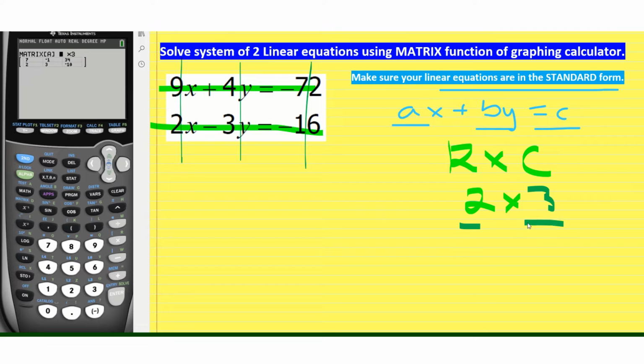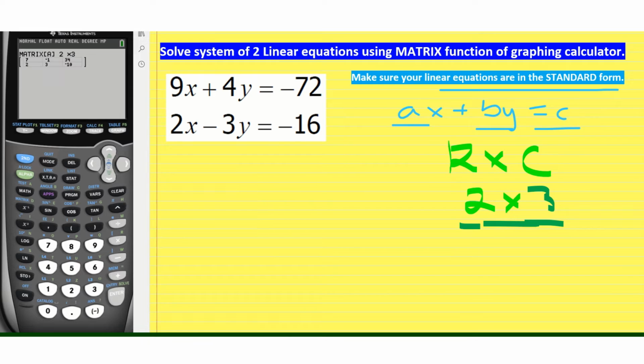My calculator already says 2 by 3 up here on the top of my calculator screen, so I don't need to adjust it. It has 1, 2, 3, 4, 5, 6 boxes. It has 2 rows and 3 columns.